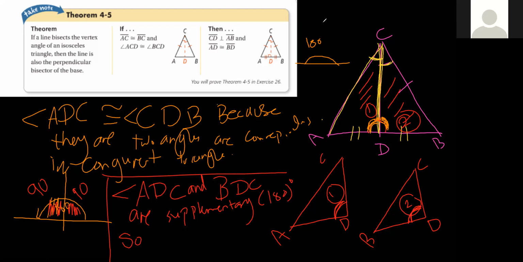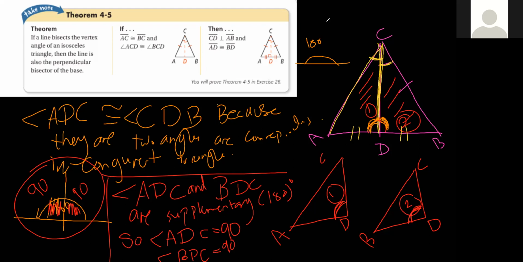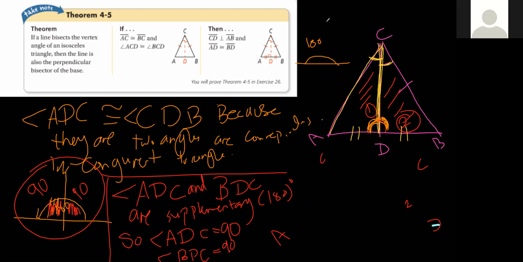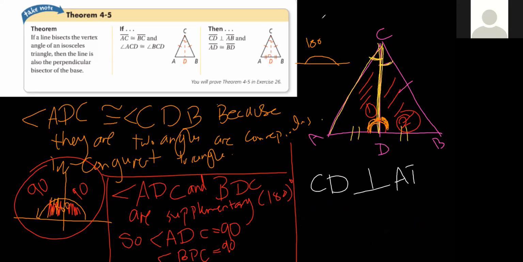Okay. Now, because of that, the angle ADC is equal to 90, and the angle BDC is equal to 90. As we said here, they are supplementary. If they are equal to each other, then one is 90 and another one is 90. So because of that, I will conclude now that CD is perpendicular on AB.